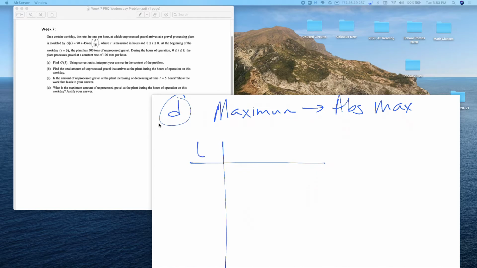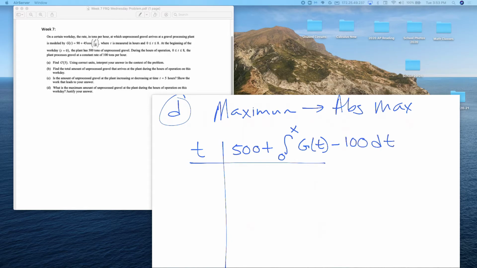We know that we got T here, and we have an equation, 500 plus the integral from 0 to X, we'll make it 0 to X, of G of T minus 100 dt.